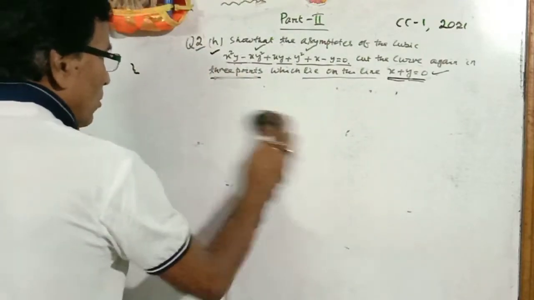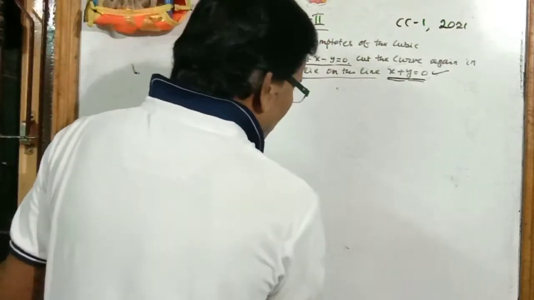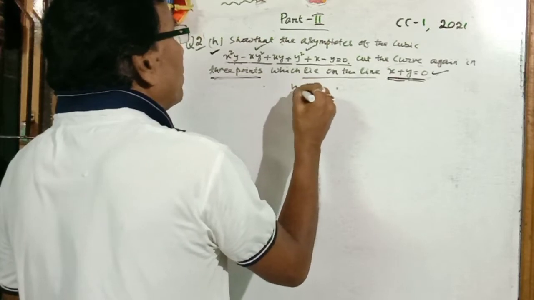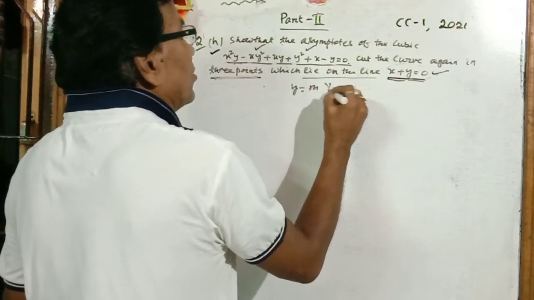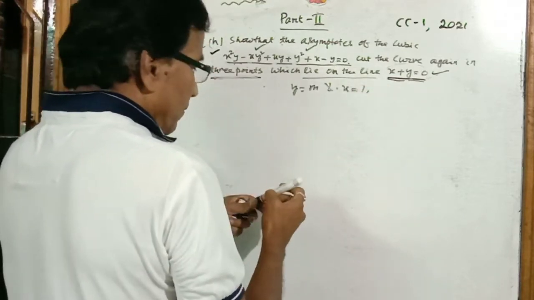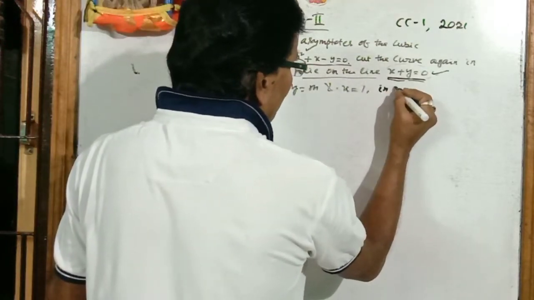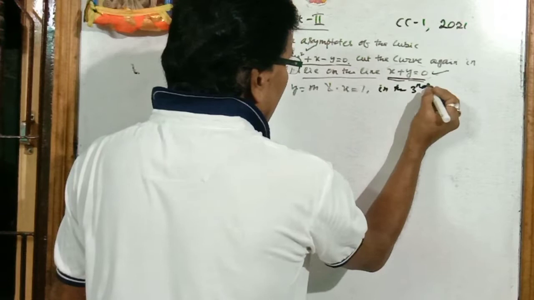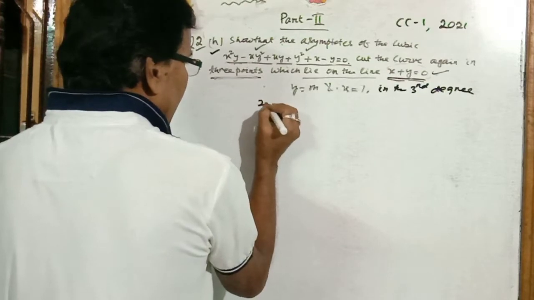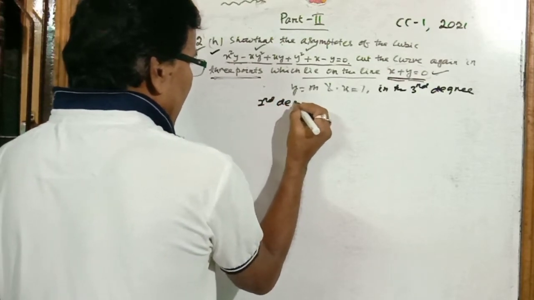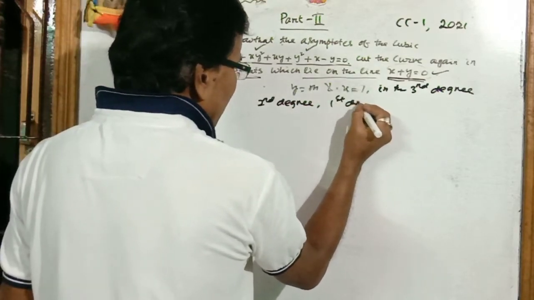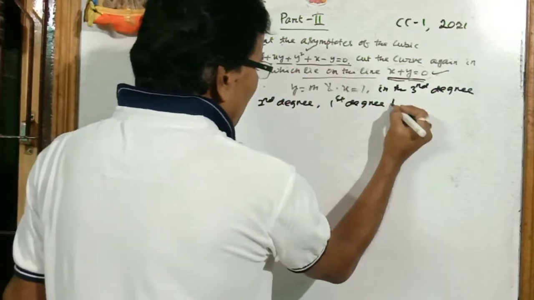Oblique asymptote can be found out by putting y is equal to m and x is equal to 1 in the third degree, second degree, first degree terms separately.